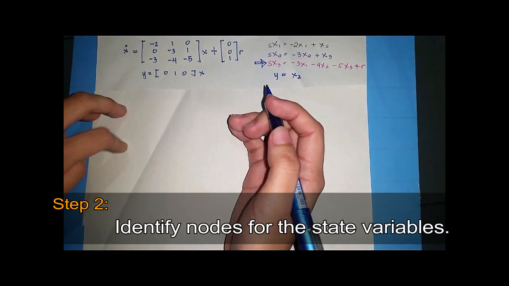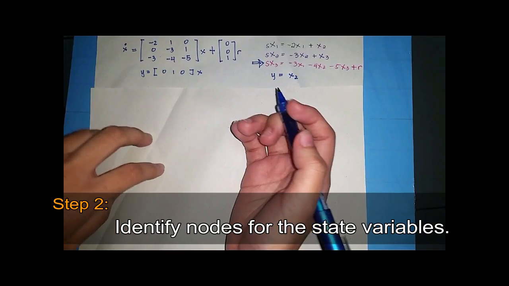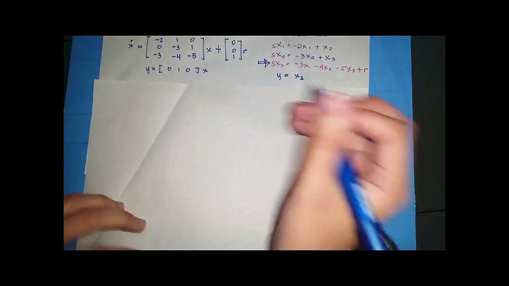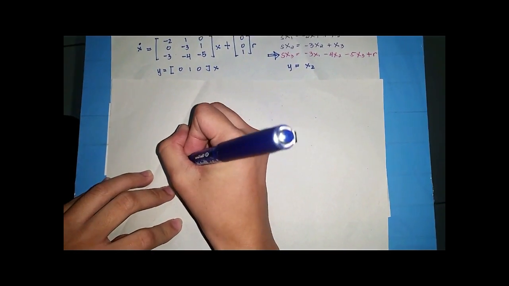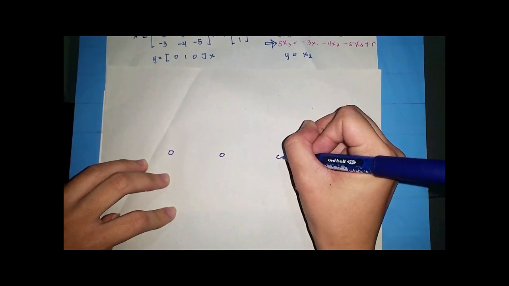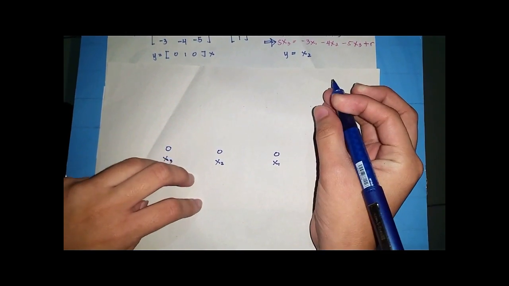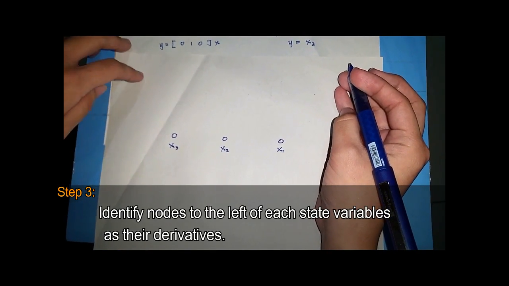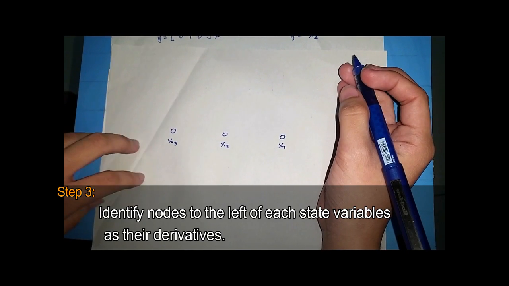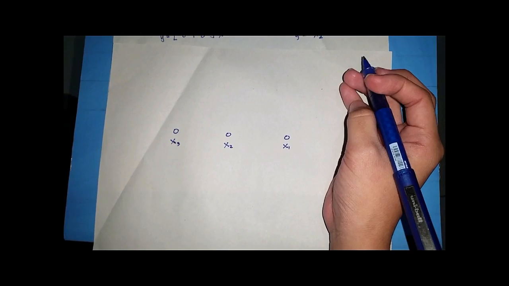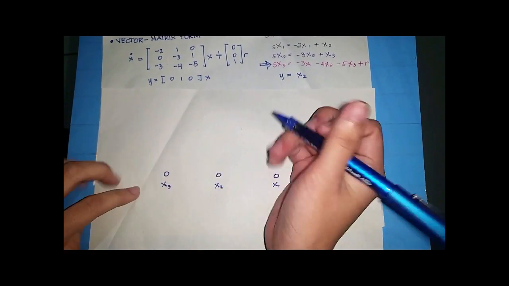First, identify the three nodes for the three state variables. We have x1, x2, and x3. Second, identify the three nodes to the left of each respective state variable as their derivatives: sx sub 1, sx sub 2, and sx sub 3.